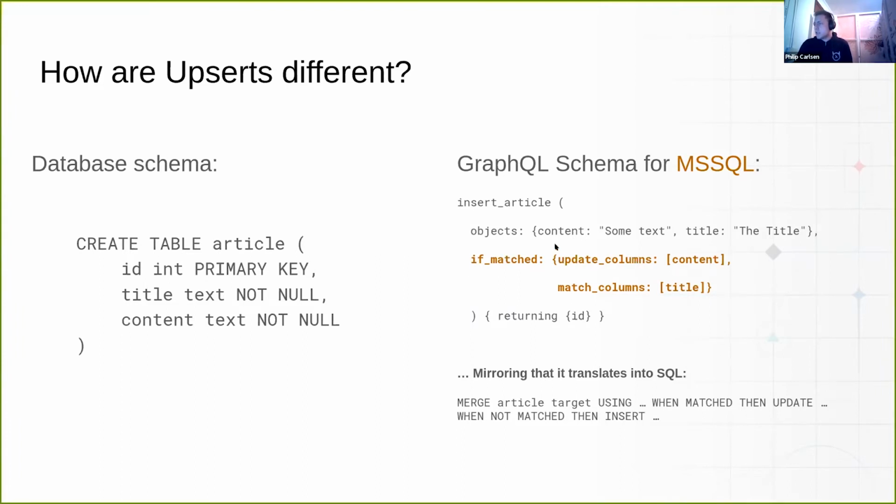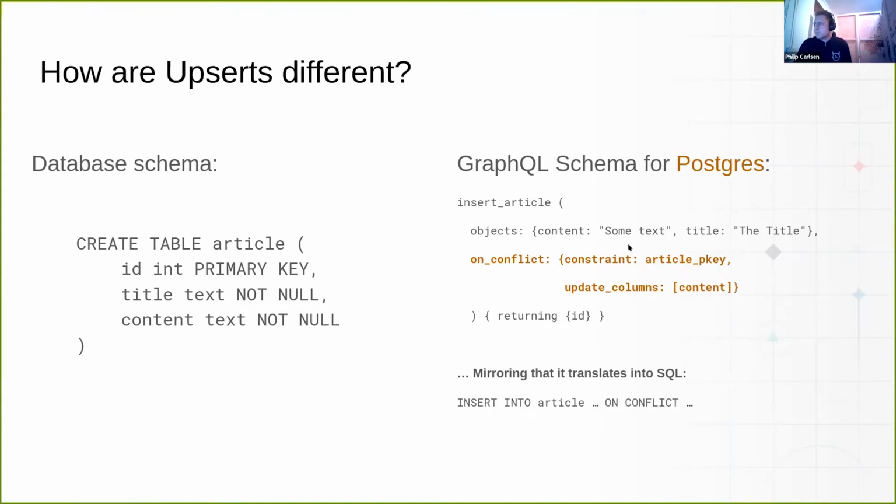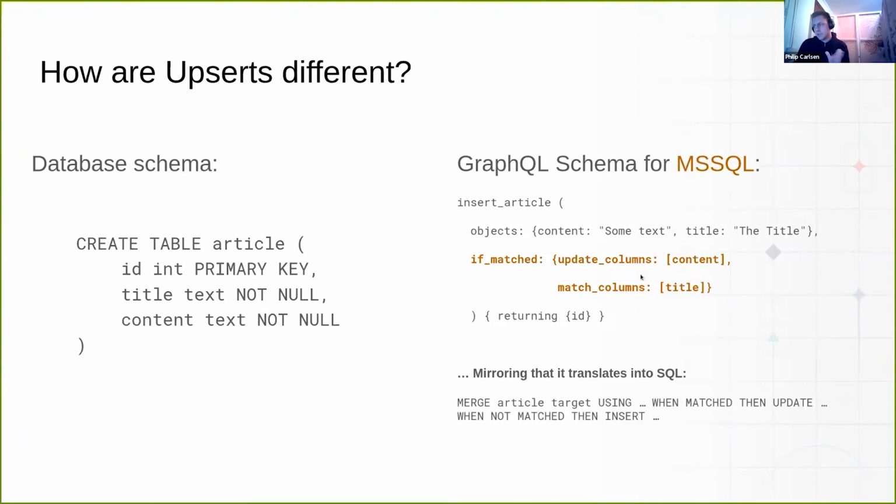So we call this if matched, and that lets you specify columns that you want to update and the columns you want to match on, which mirrors what we have for Postgres, where we specify constraints instead of an actual list of columns. And again, this is because you can see it has this when matched keyword in the merge statement, and that's what this if matched alludes to.